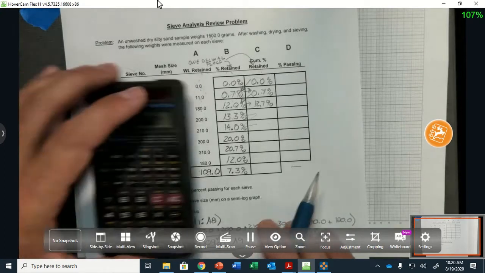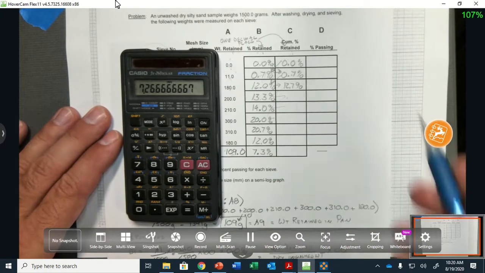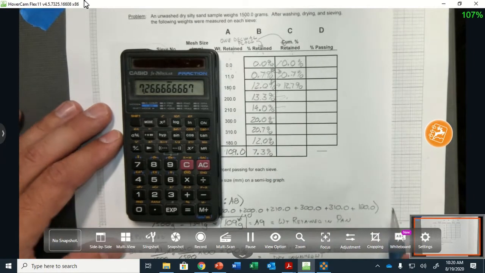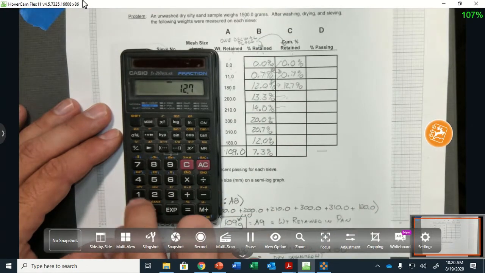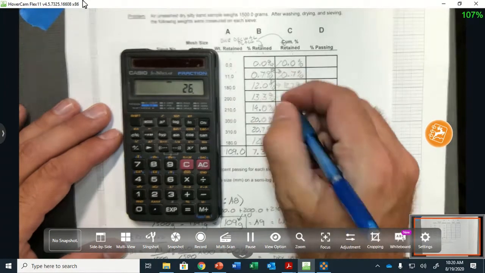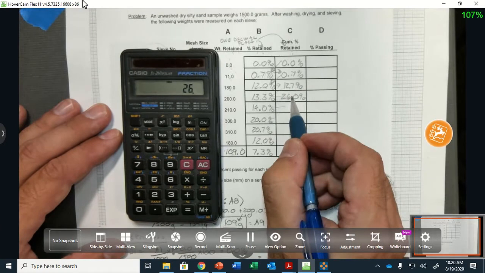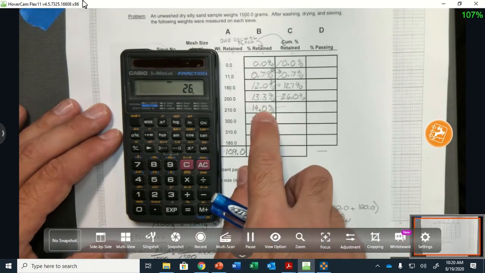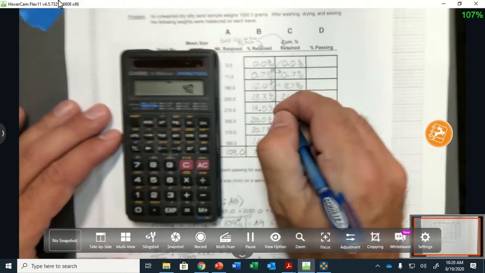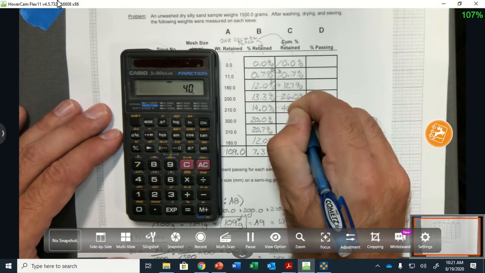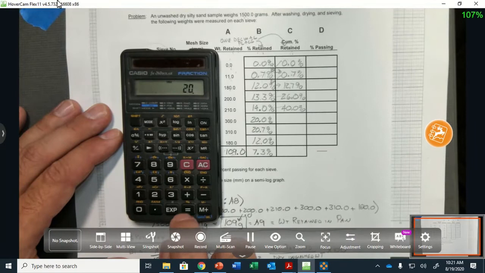So you can watch me use my calculator as I go through this. To calculate this, that's cumulative percent retained. 12.7 plus 13.3, so this is 26.0%. I'm going to take that one and add the amount of material retained on the next sieve, plus 14, so that's 40.0%. I'm just going to do this so it stays in my calculator.